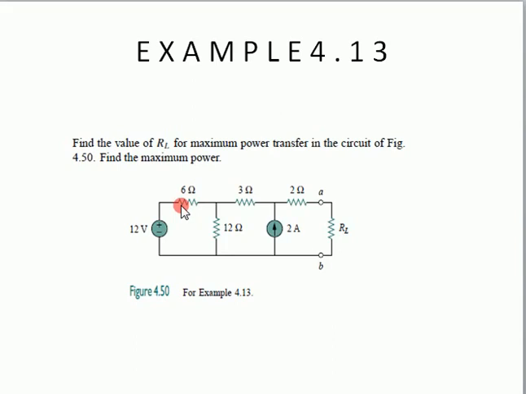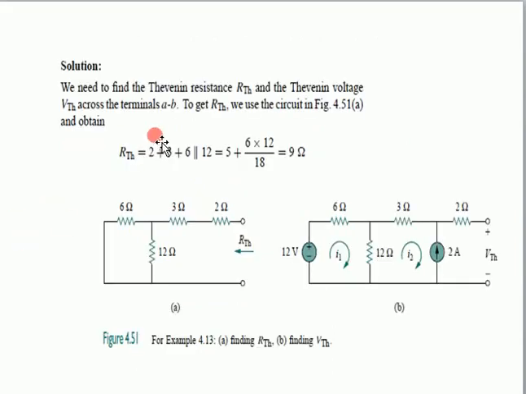So R Thevenin is equal to 2 plus 3 plus 6 parallel with 12, and we get R Thevenin is equal to 9 ohm. You may see in the circuit, this 2 ohm is in series with this 3 ohm, and this 6 ohm and 12 ohm are in parallel, and we get 9 ohm as the R Thevenin.